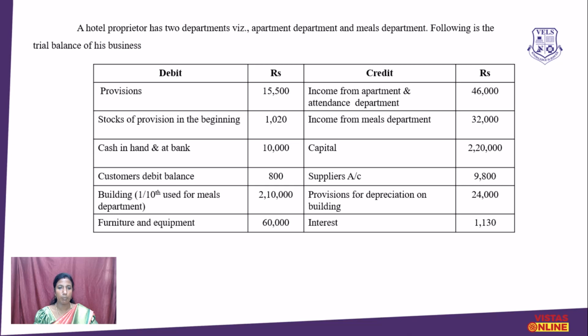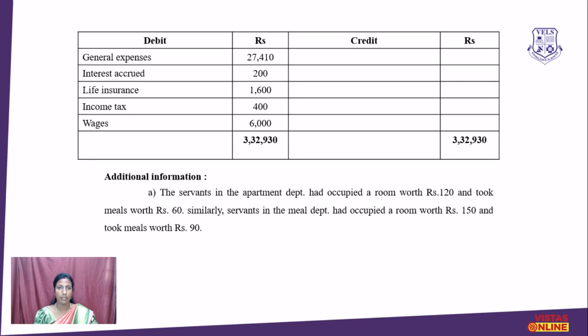Furniture and equipment 60,000. On the credit side, we have income from the apartment and attendance department 46,000, income from the meals department 32,000, capital 2,20,000, supplier account 9,800, provision for depreciation on building 24,000, interest 1,130.